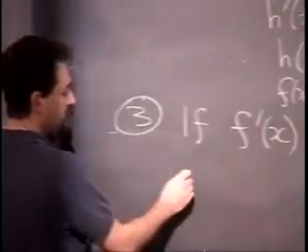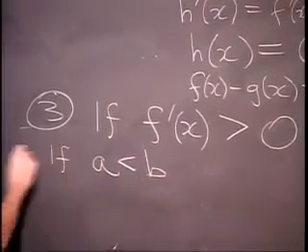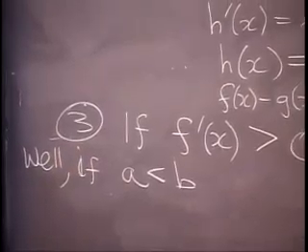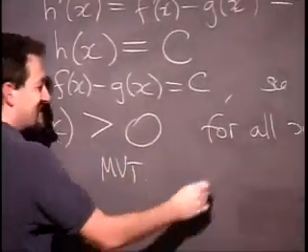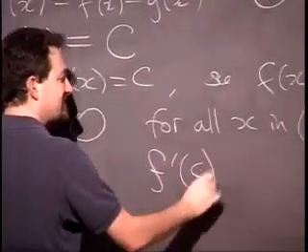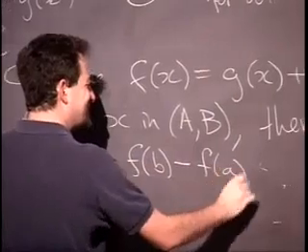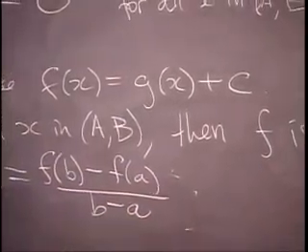Why is it true? Well, suppose we pick any points a less than b. Well, if a is less than b, we can use the mean value theorem and say that f prime of c is f of b minus f of a over b minus a. Now, what can you tell me about f prime of c?